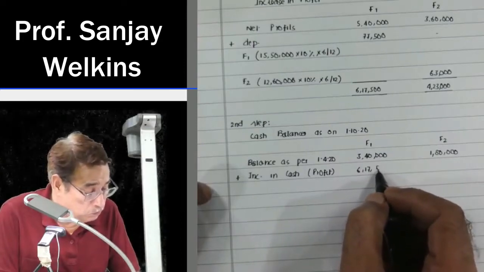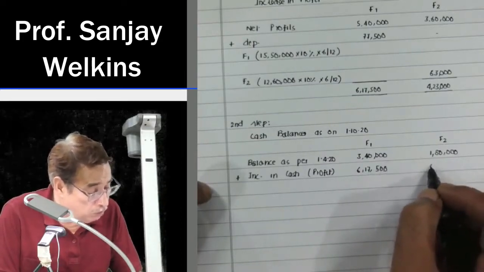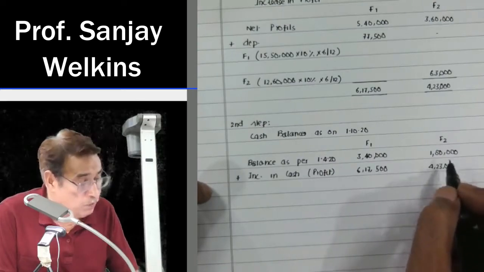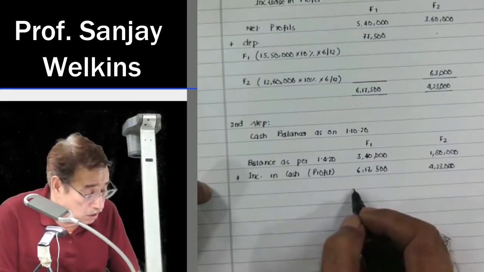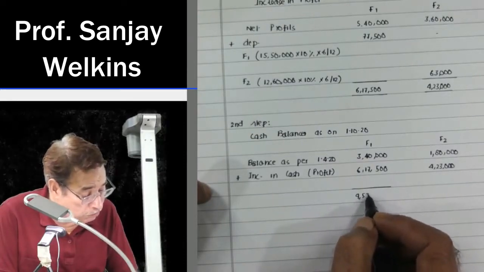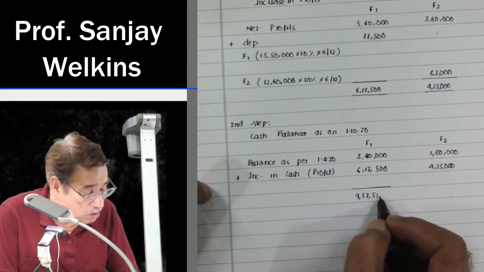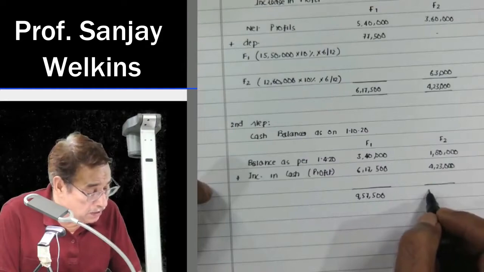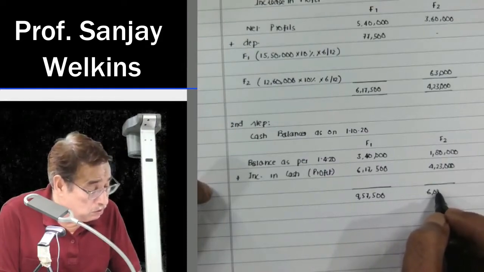Now, the increase in cash is 6,17,500 and 4,23,000. The total comes to 9,57,500 and 6,03,000.